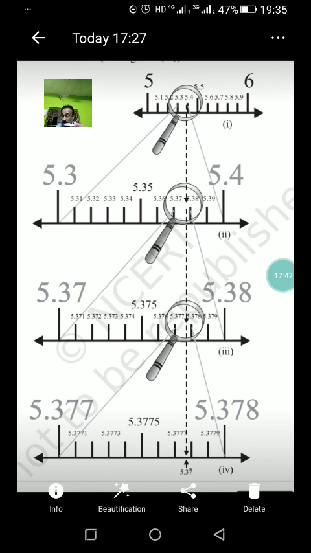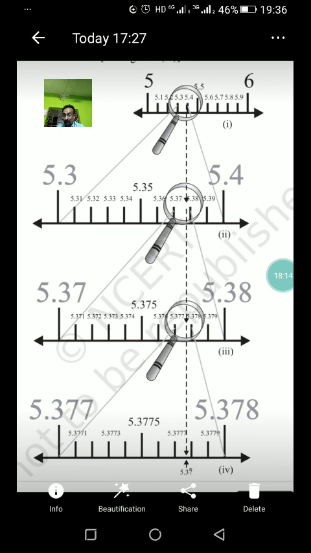To visualize 5.377 more accurately, we again divide the portion between 5.37 and 5.38 into 10 equal parts and use a magnifying glass to visualize that 5.377 lies between 5.377 and 5.378.